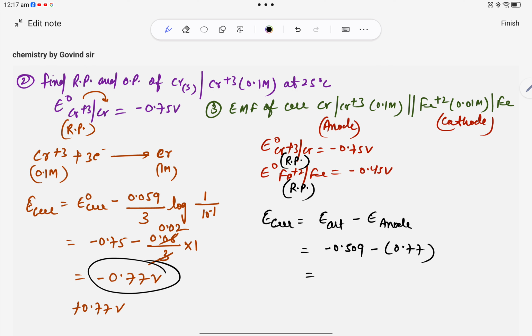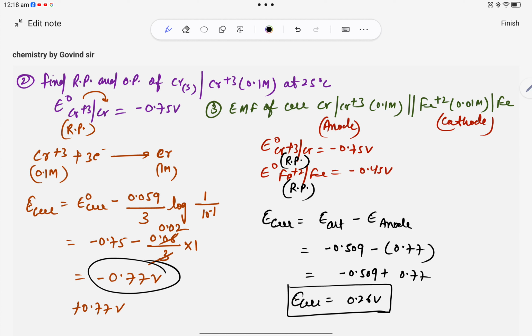So it will be minus 0.509 plus 0.77. So then E cell is equal to 0.26 volt. But this value we know from the previous question, then it is easy. Otherwise you can go through the original method. What is the original method according to our concept?